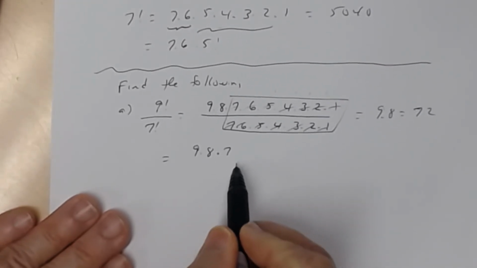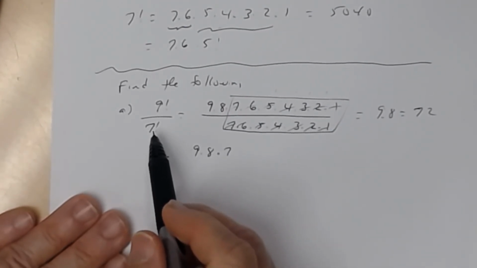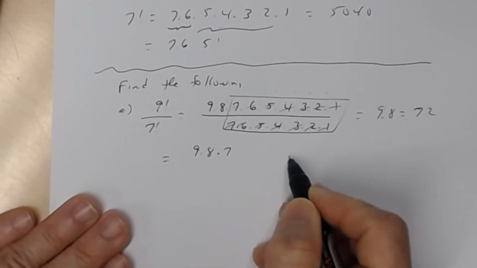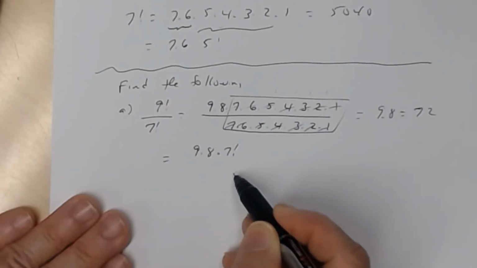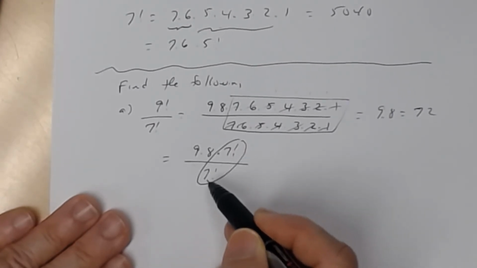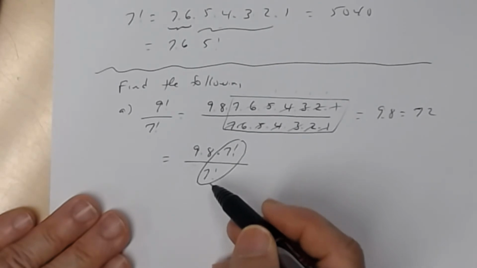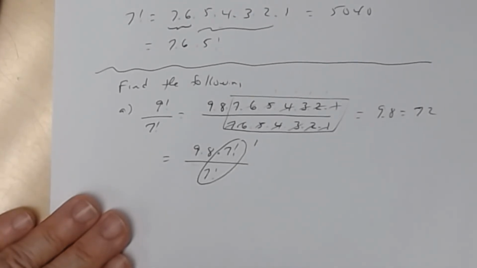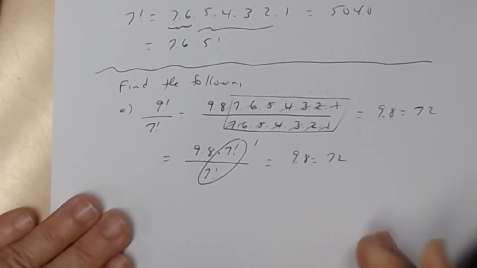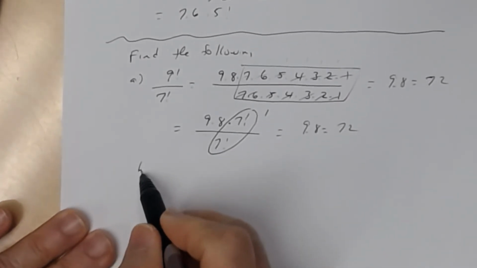Now stop, because this is 7 factorial, and the rest of it is 7 factorial divided by 7 factorial. What happens to any factor divided by itself? When I reduce, that is just 1. And so you get 9 times 8, which is 72.